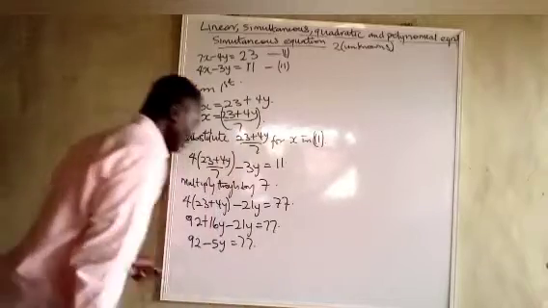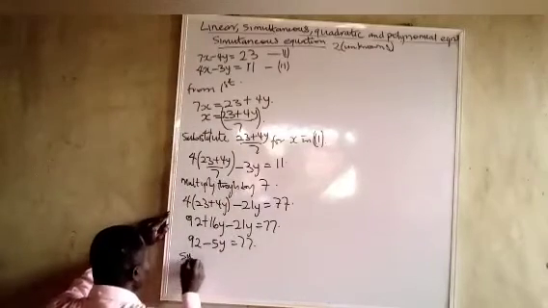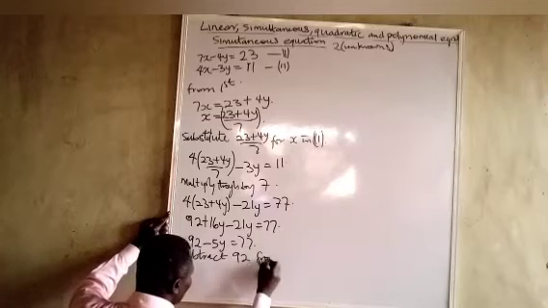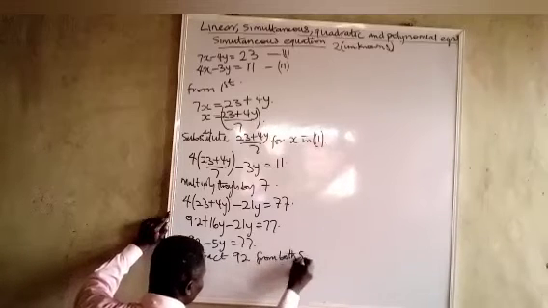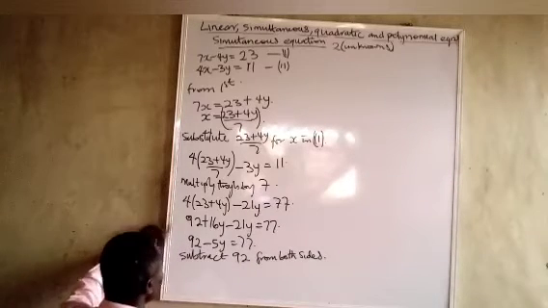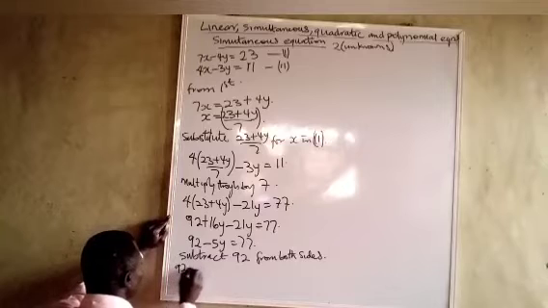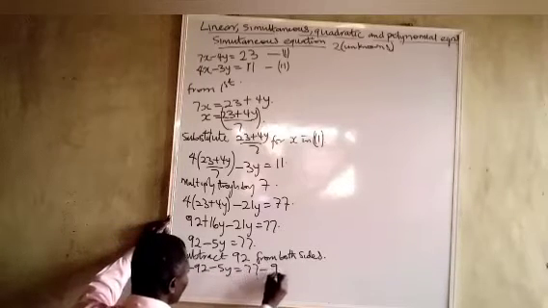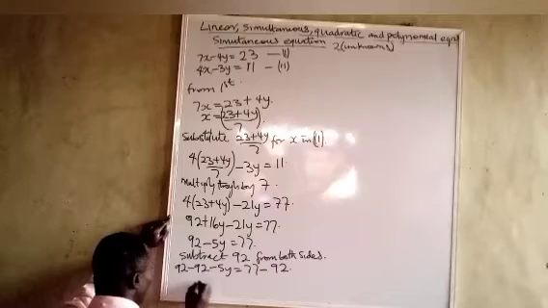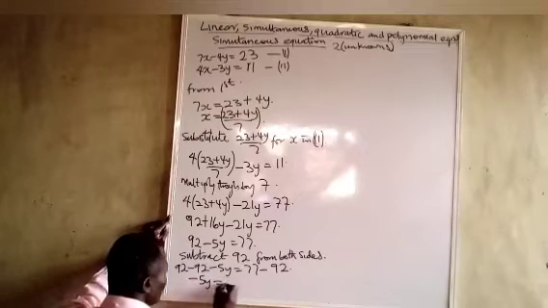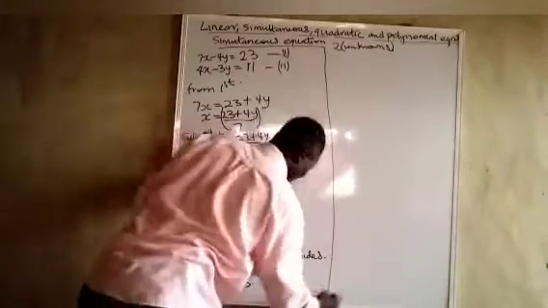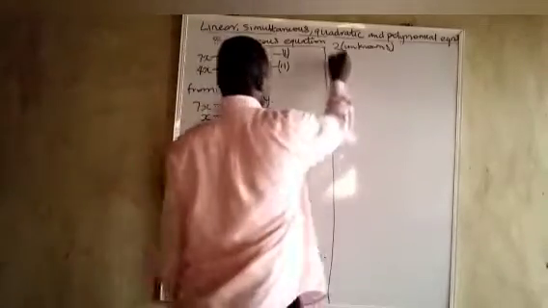So let me subtract 92 from both sides. That will be 92 minus 92 minus 5y is equal to 77 minus 92. So I can now say minus 5y is equal to minus 15. Now, I can divide both sides by minus 5.